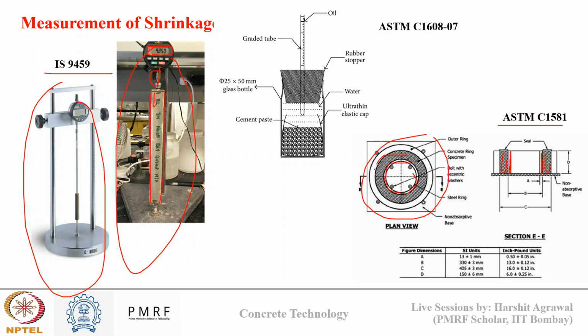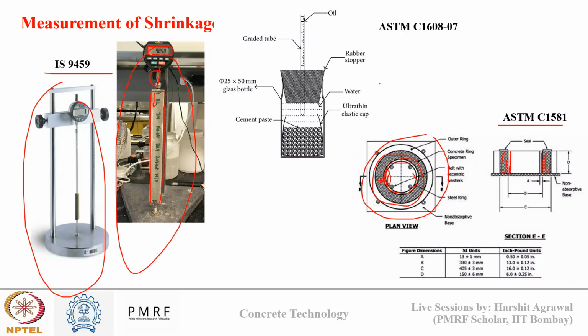Now as concrete undergoes shrinkage, it will apply some strain on the steel ring. Using a strain gauge, we measure the strain that is developed on the steel ring over time, and that we use to calculate the shrinkage that is occurring in concrete.